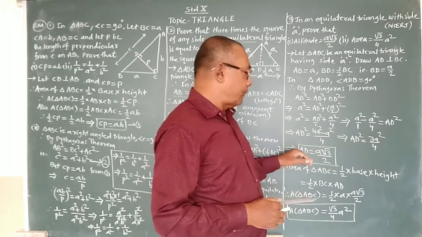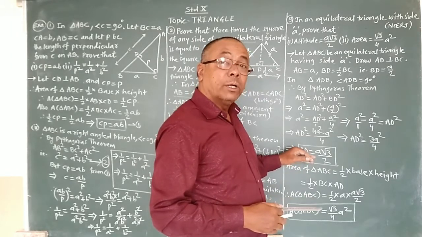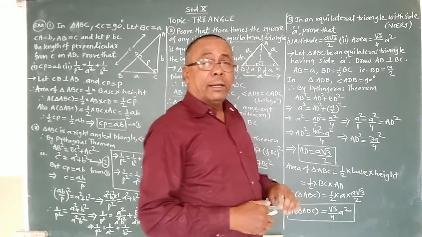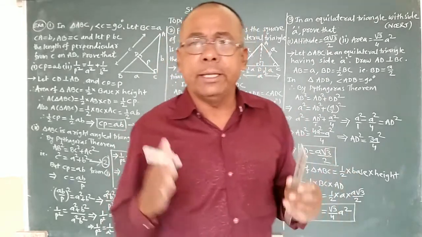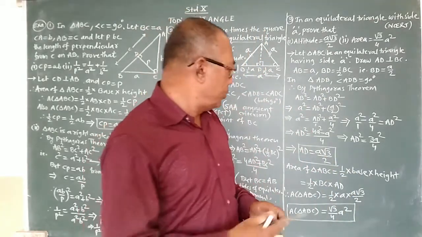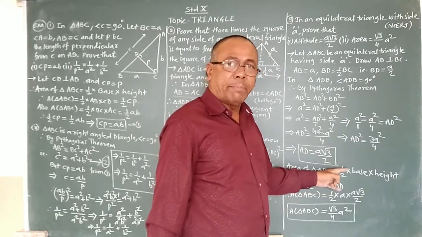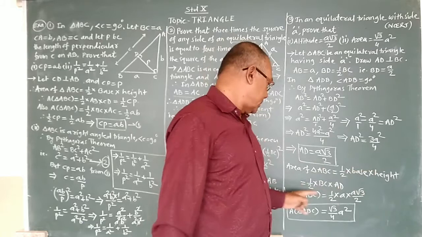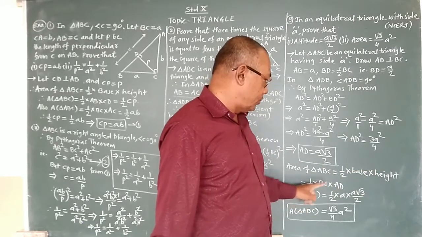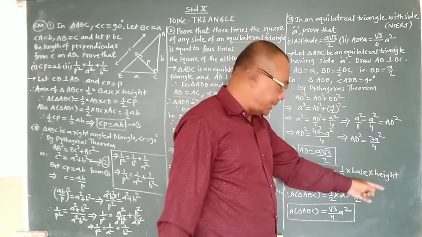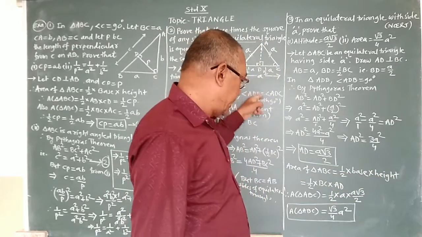Here we have found the value of height, means altitude, and now we are asked to find the area of the triangle. So we know the formula that the area of triangle ABC is equal to 1/2 base into height. Here that is 1/2 into base BC and altitude or height AD.